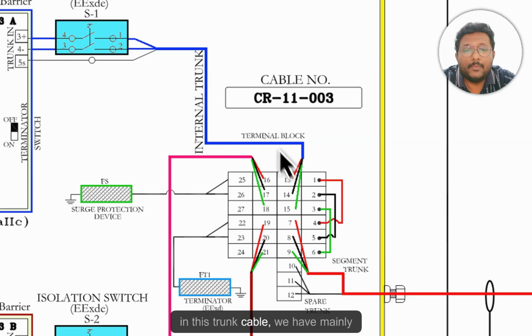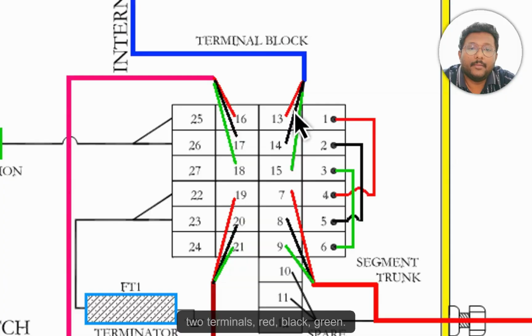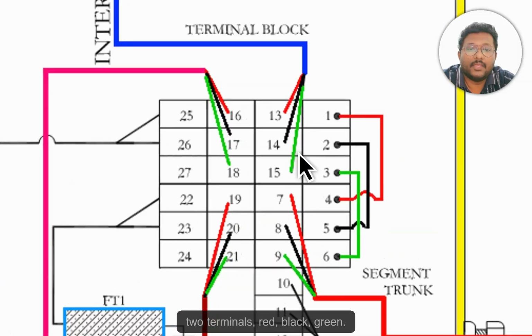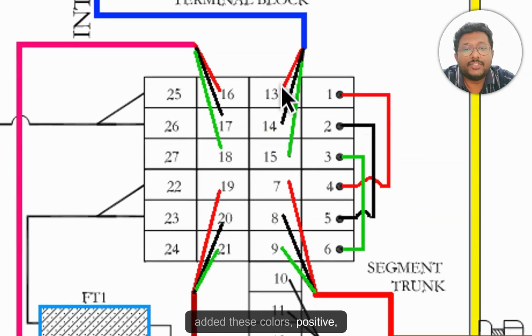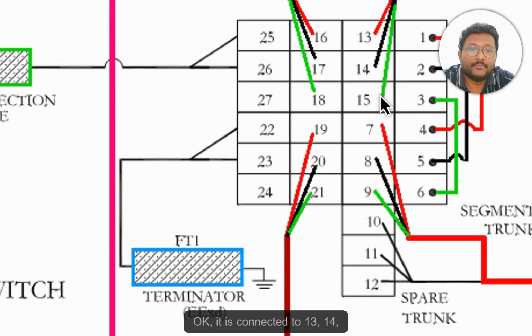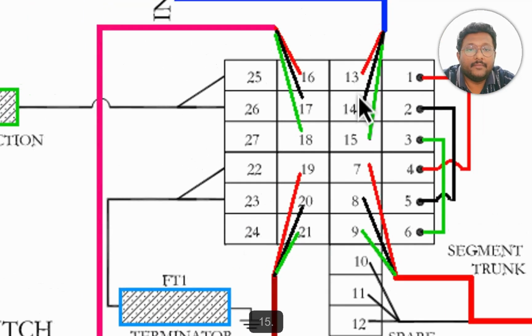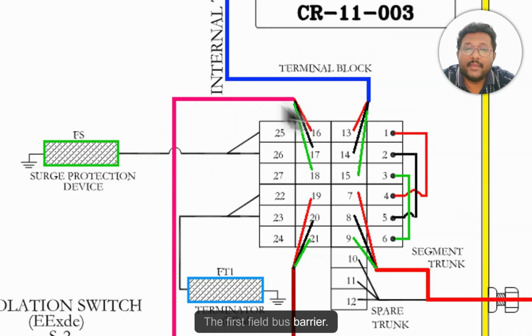In this trunk cable, we have mainly terminals: red, black, green. Okay, for easy identification, I added these colors: positive, negative, and shield. It is connected to 13, 14, 15. That is the first field bus barrier.